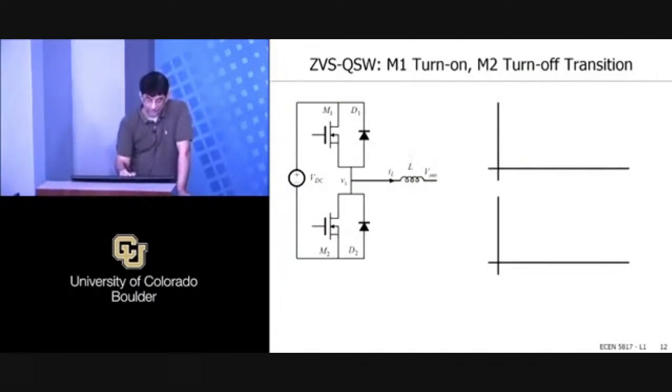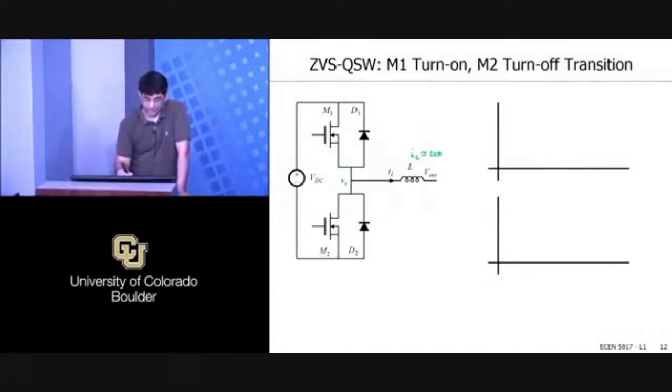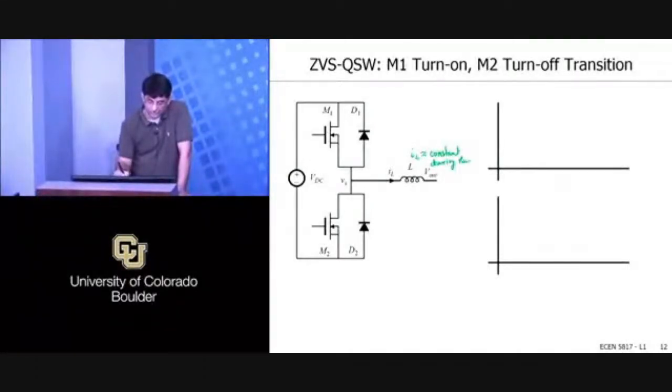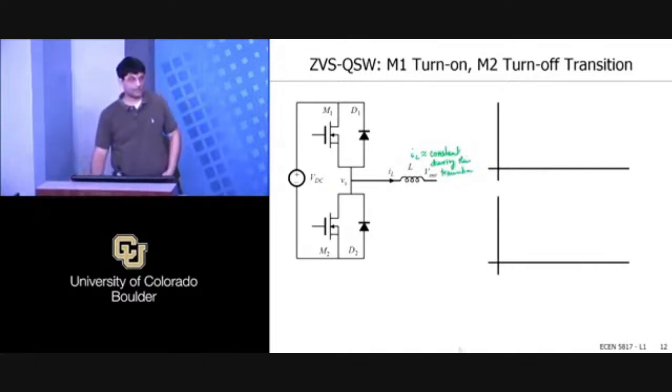I'm still going to assume that IL is approximately constant through that transition. Obviously it has a large ripple, but I'm going to assume it's approximately constant during this transition. That's a good enough approximation. That transition happens pretty quickly, right?